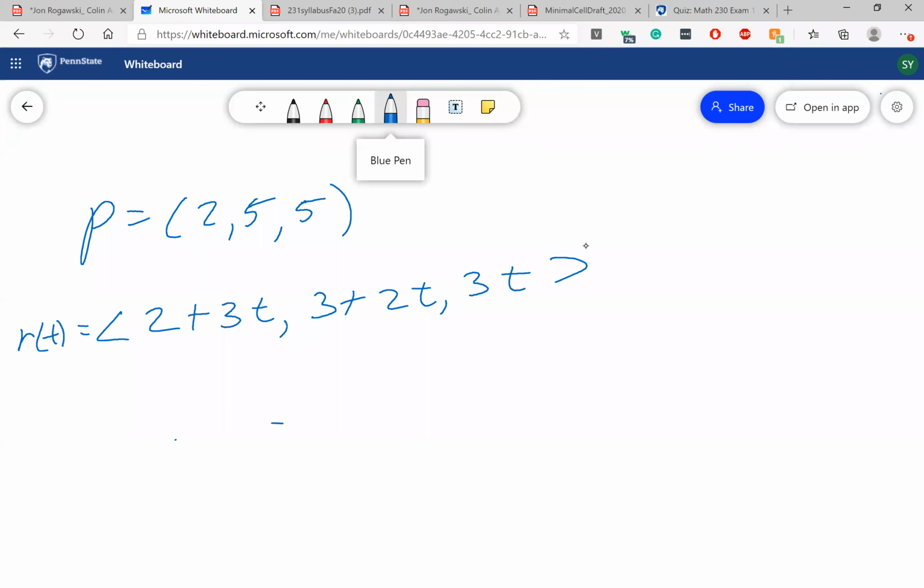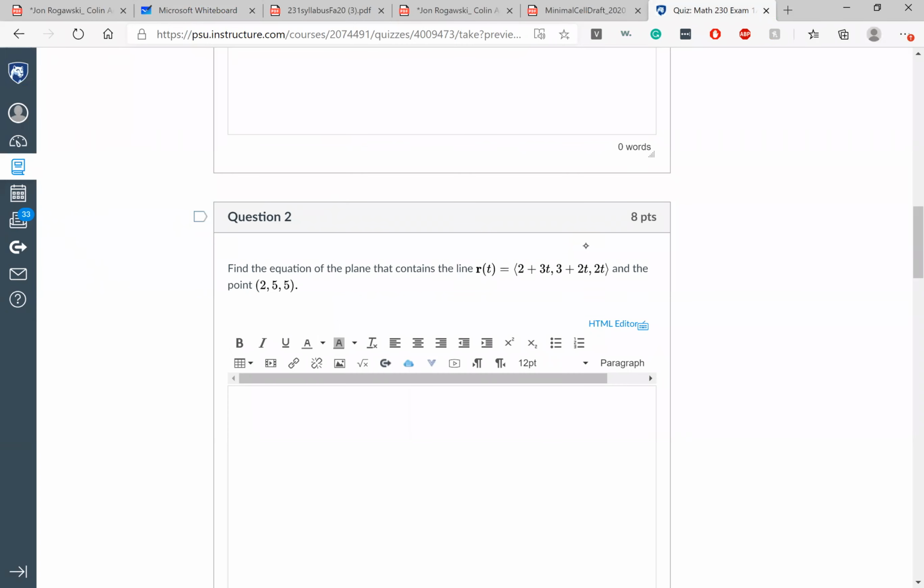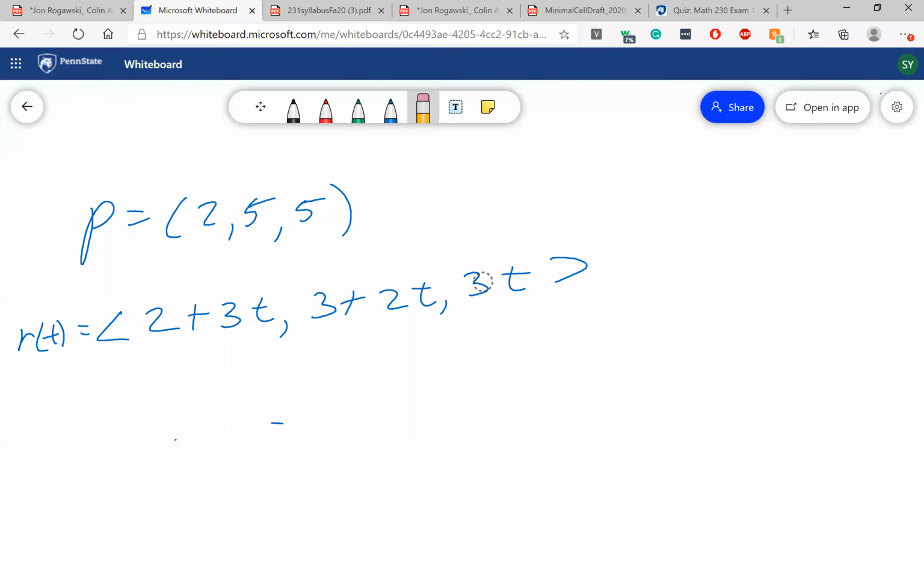This is our R of t. Again, they want us to find the plane that contains this line and this point.